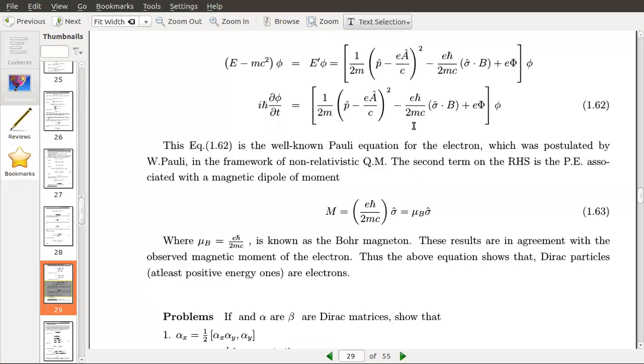Okay, and the second term, the sigma dot B, represents the potential energy. So this is kinetic energy, P square by 2m, kinetic energy. This term represents the potential energy associated with a magnetic dipole moment.